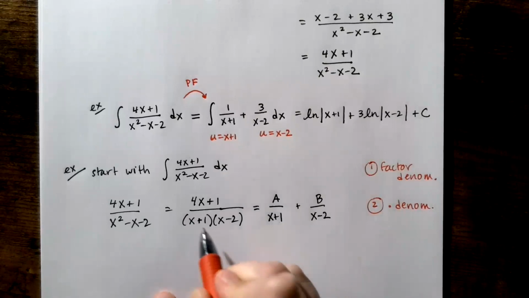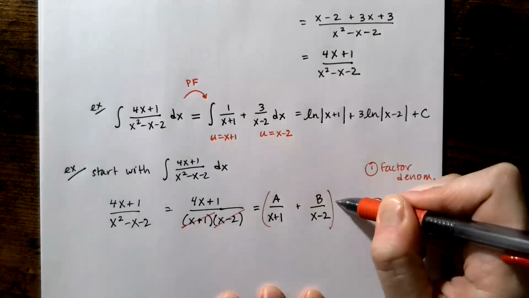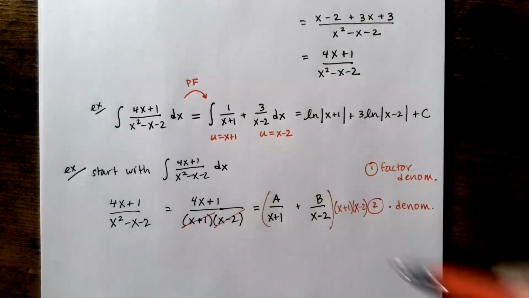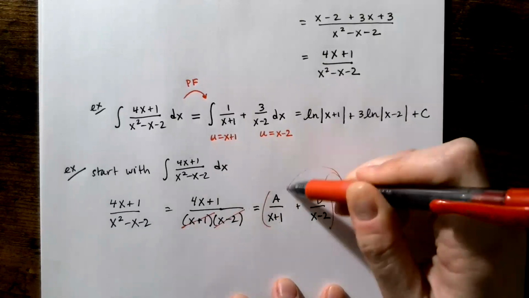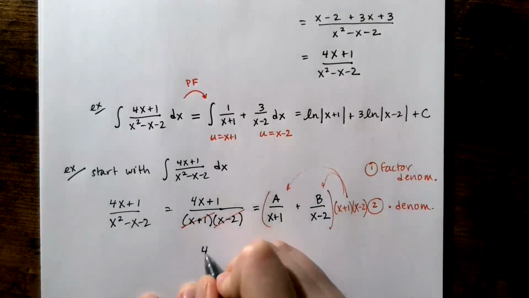Over here, it just fully cancels itself out because we've multiplied by x plus 1, x minus 2. And here we get x plus 1, x minus 2, and you can imagine it immediately distributing into these two fractions. And there's cancellation. So on the left, I have 4x plus 1.